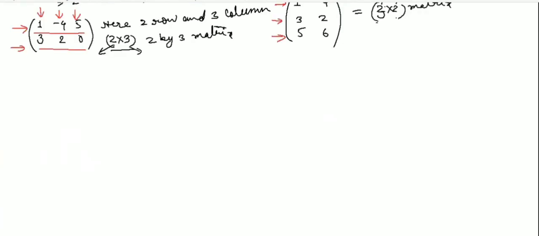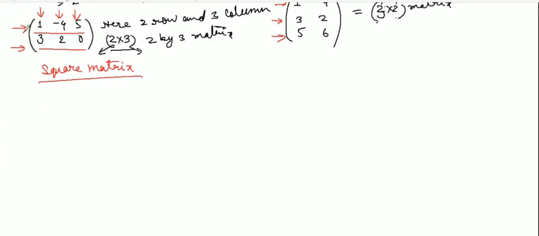Now let's understand what a square matrix is. I'm going to explain square matrix here. In a square matrix, the number of rows and columns will be the same.